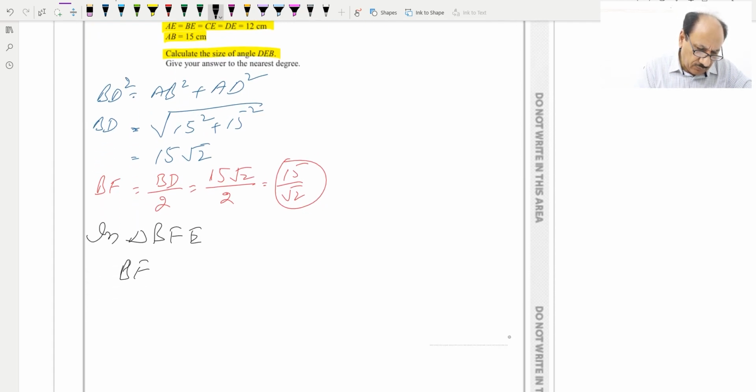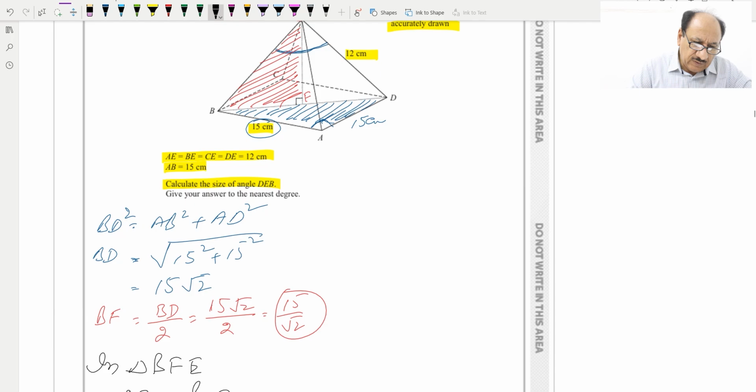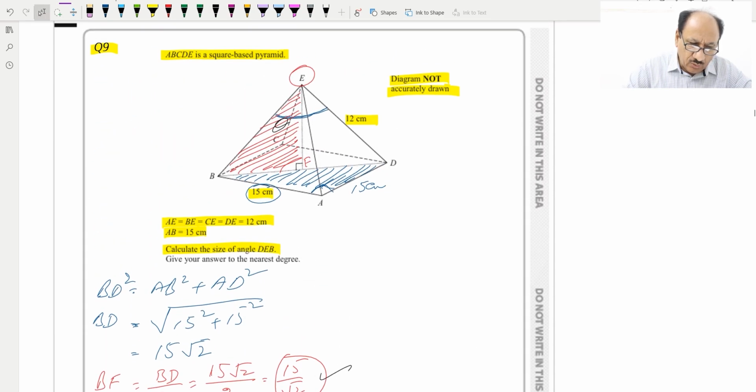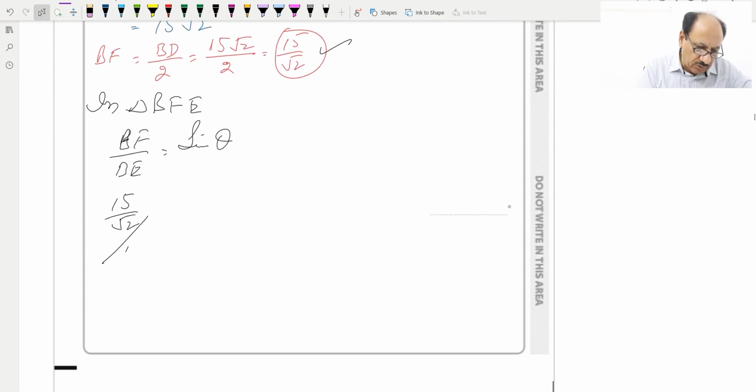BF over BE is equal to sine of theta, and our theta is this angle. BF we calculated here as 15 over under root 2, over BE, and BE we already know is 12, so we write here 12, is equal to sine theta.